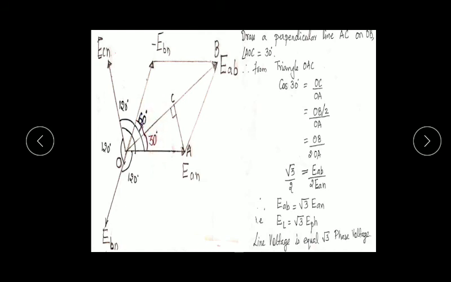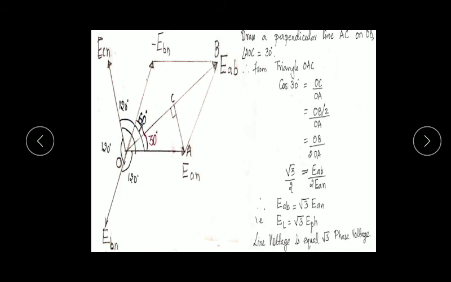Therefore angle AOC is 30. You are naming this as B. So from triangle OAC, what is cos 30? Cos 30 is adjacent upon hypotenuse. So it is OC by OA. But what is OC? It is OB by 2.